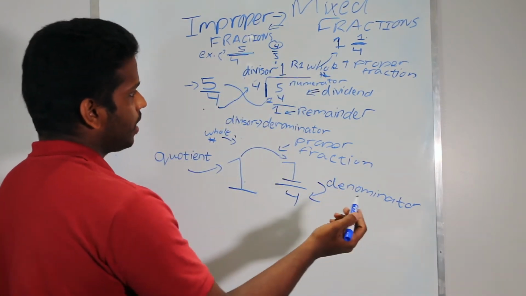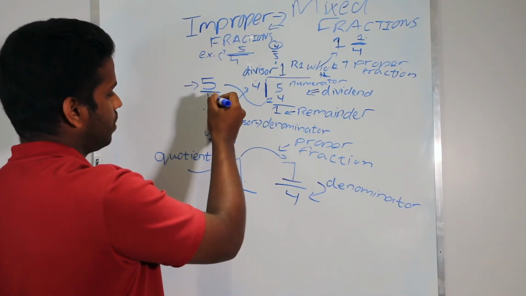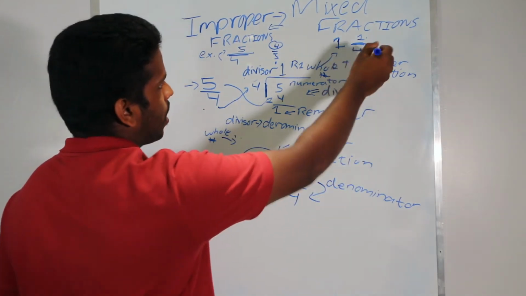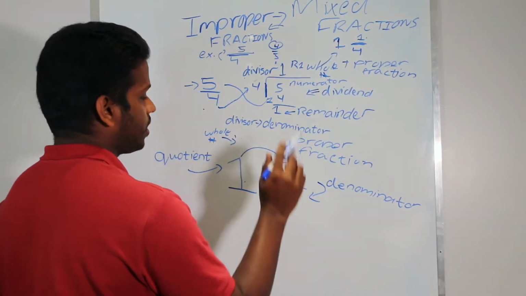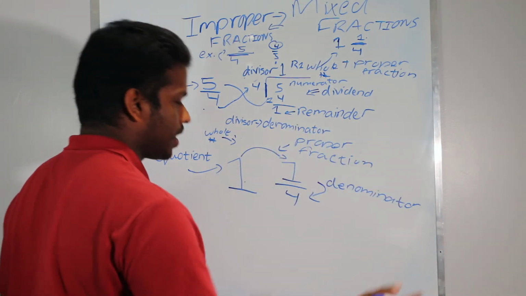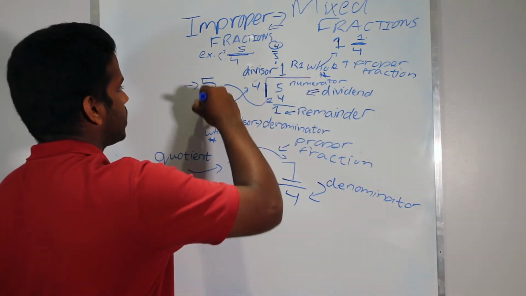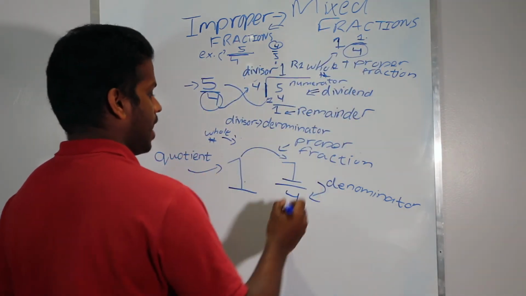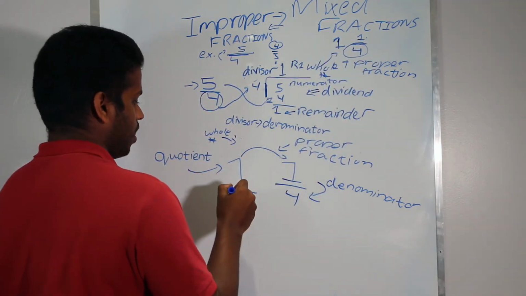The denominator of the improper fraction stays the same no matter what, 4 or whatever, even if it's 5. The denominator stays the same. And then we have our quotient.